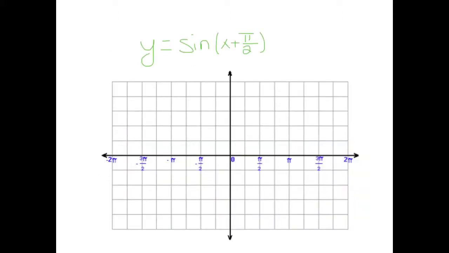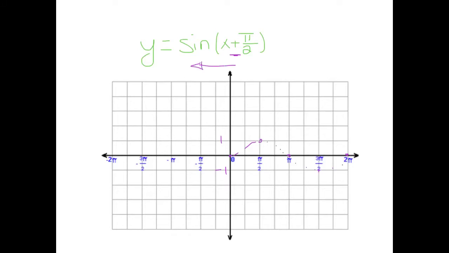Okay, so from here we're going to graph the parent function first, and then we're going to do the phase shift. So I'm going to plot out the parent function first. This is 1, this is negative 1. Just put it in as a dashed line. And then we're going to shift everything over to the left.